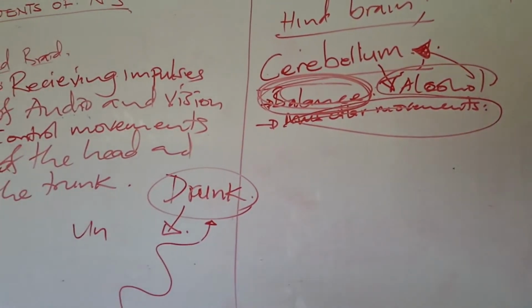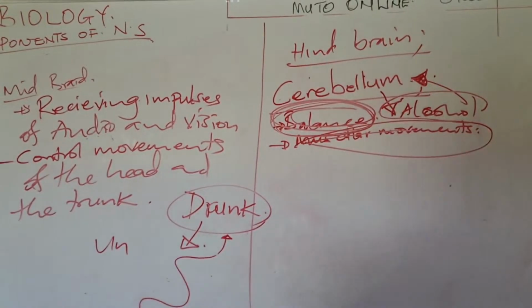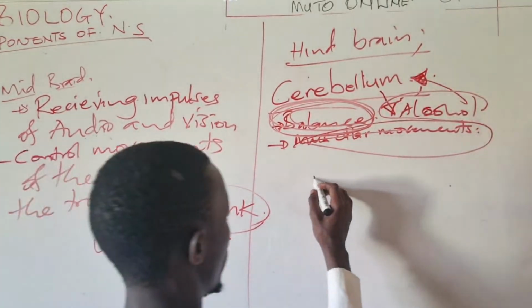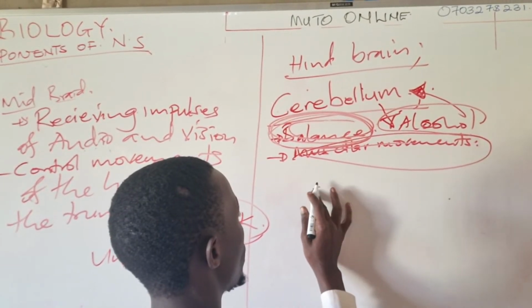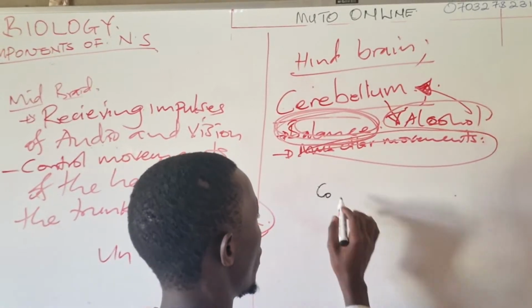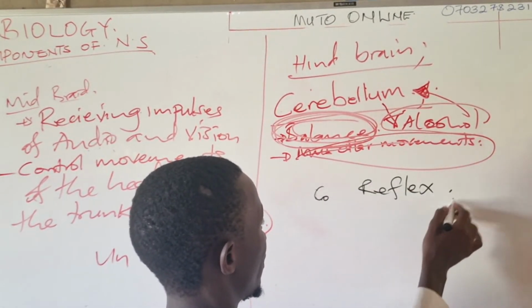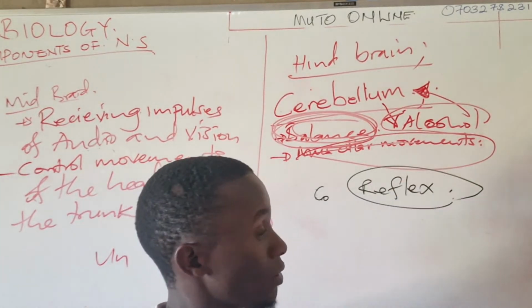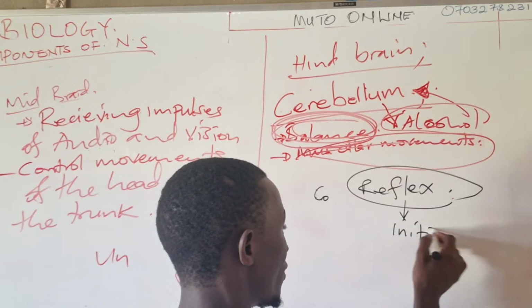And to cut the story short, we have the basic information about the brain. We've talked of the brain controlling and coordinating all reflex actions. And we've said that it does not initiate all.